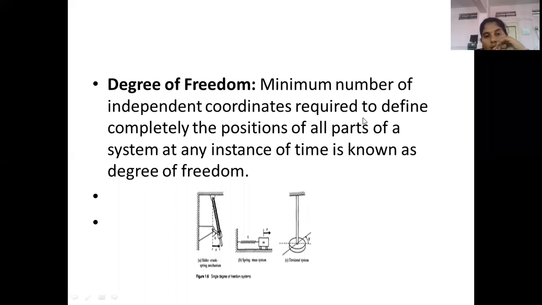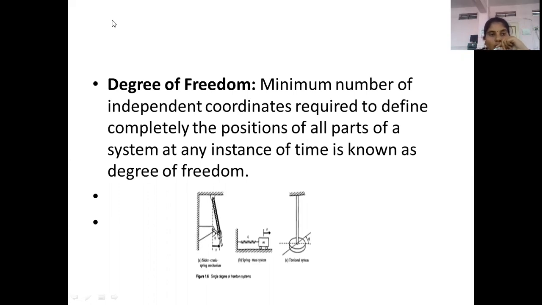Degrees of freedom is the minimum number of independent coordinates required to define completely the position of all parts of a system at any instant of time.